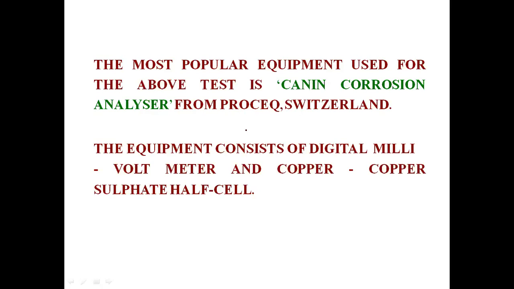This equipment consists of a digital multimeter, a voltmeter, and a copper–copper sulfate half cell. These are what assess the rate of corrosion of rebars placed in the concrete.